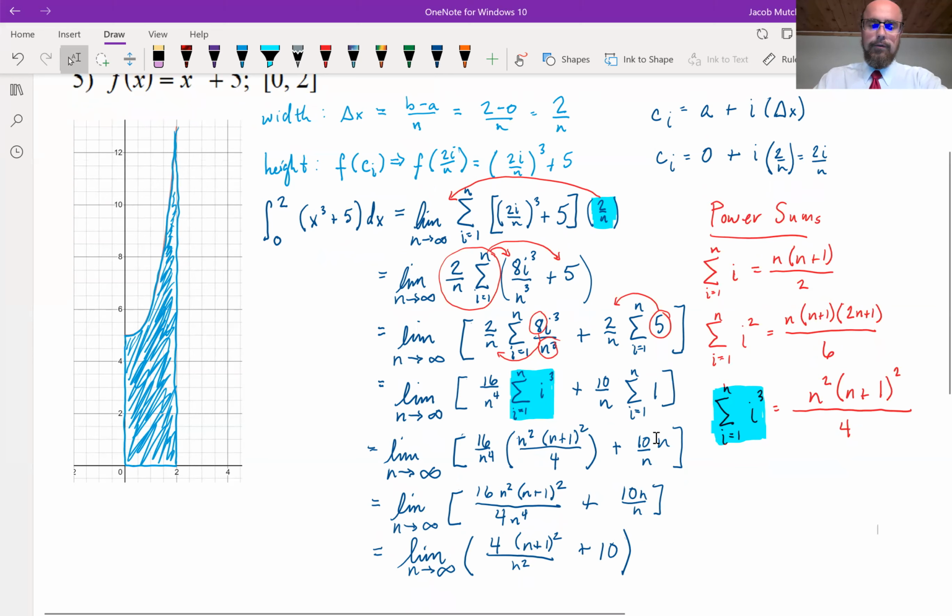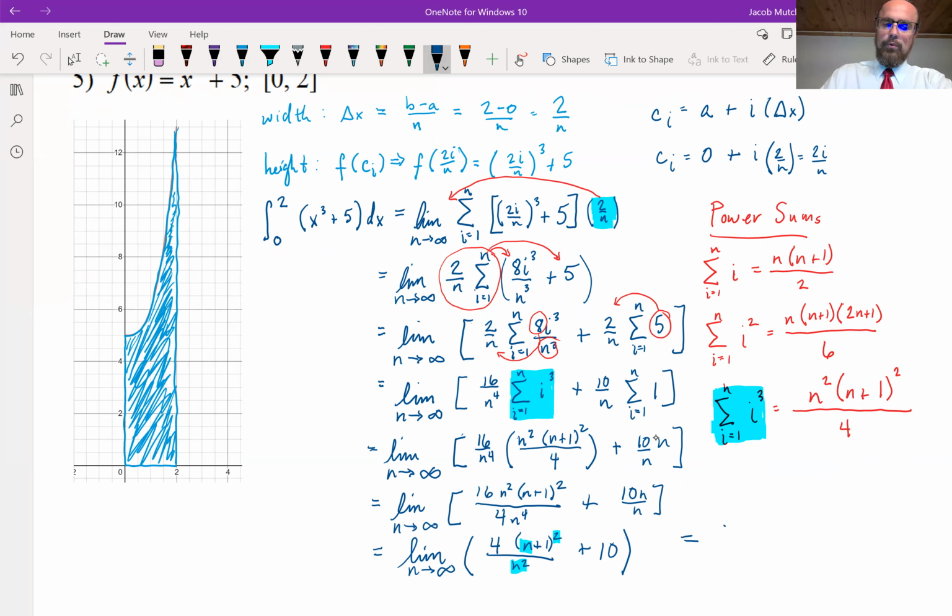So we just need to reason through this. The limit as n goes to infinity of 4 times (n plus 1) squared over n squared. What I notice here is that the power on n in the numerator is n squared, and in the denominator it's also n squared. So as I take that out to infinity, they will cancel, and all I'm left with in terms of the limit is that coefficient 4.